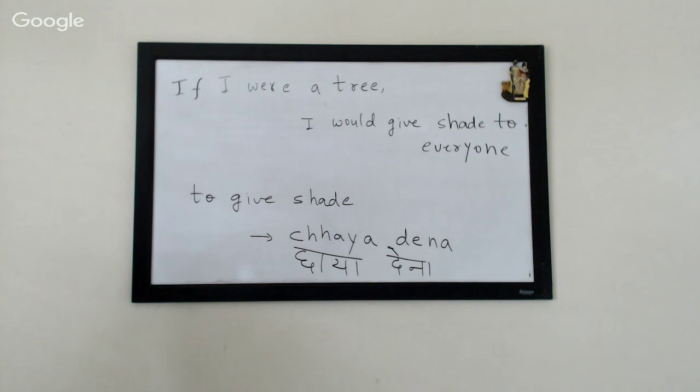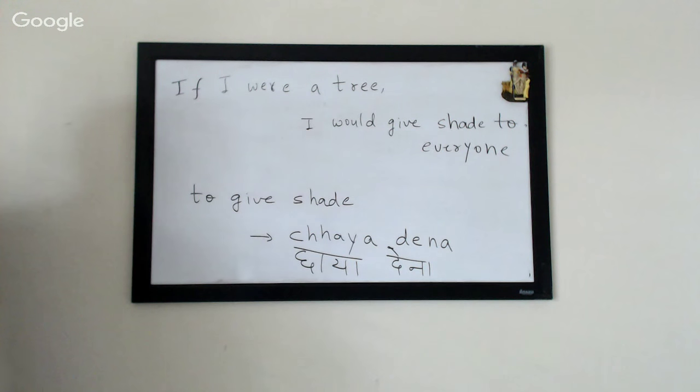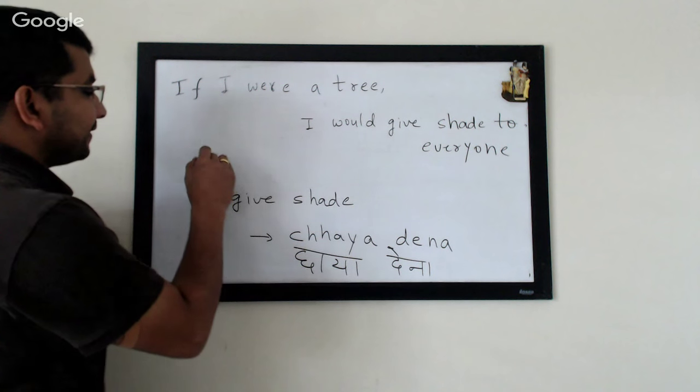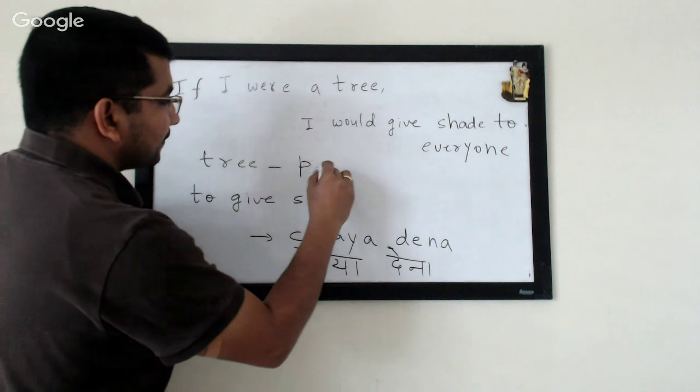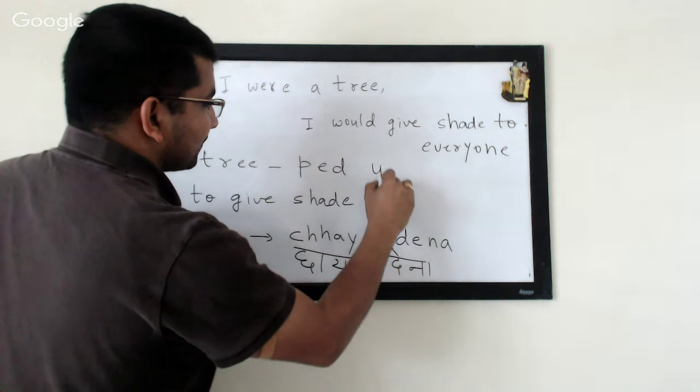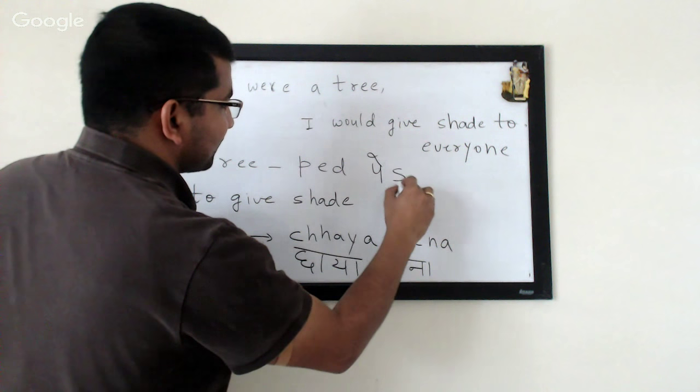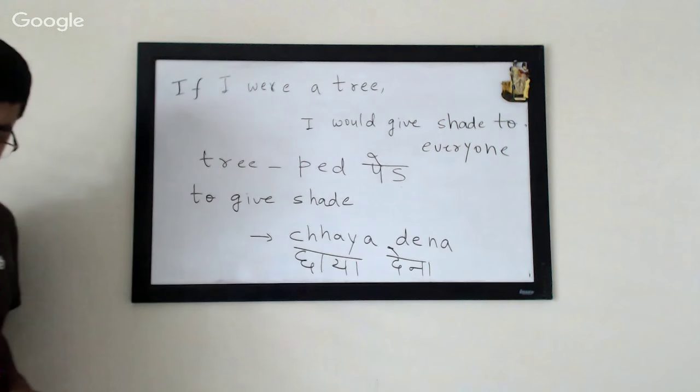Very good. I mean, even this is correct. अगर मैं ट्री होता तो मैं सबको छाया देता. So that's a different one. That's a song, but that's different. Yeah. And tree is पेड़.